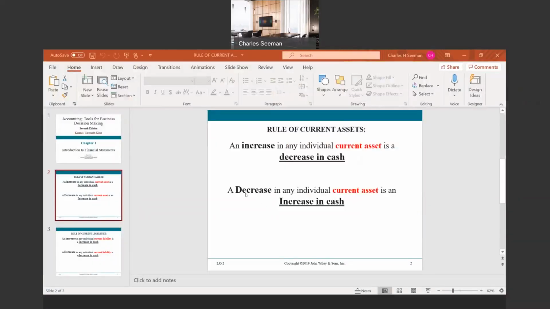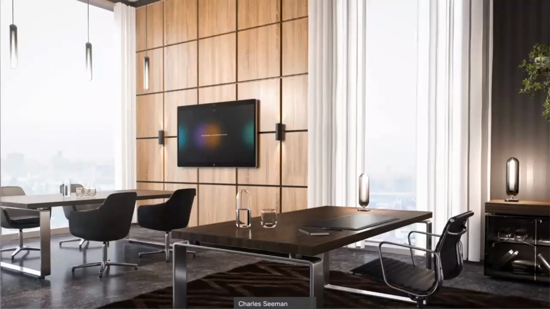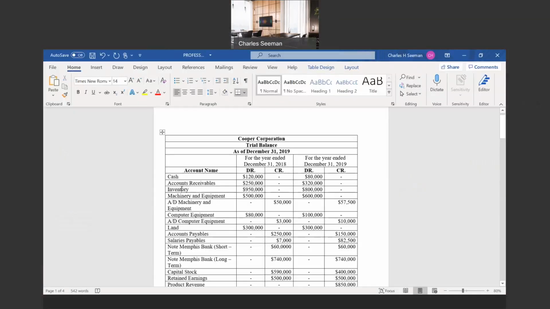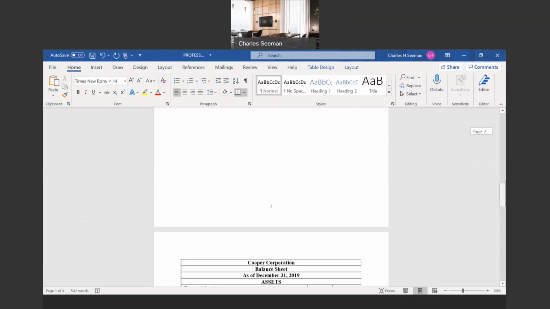A decrease in any individual current asset is an increase in cash. So since inventory decreased, that represents an increase in cash of 150,000.